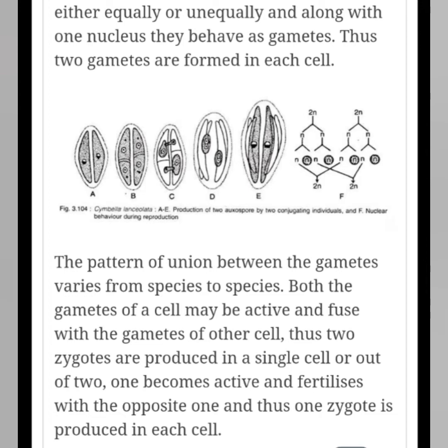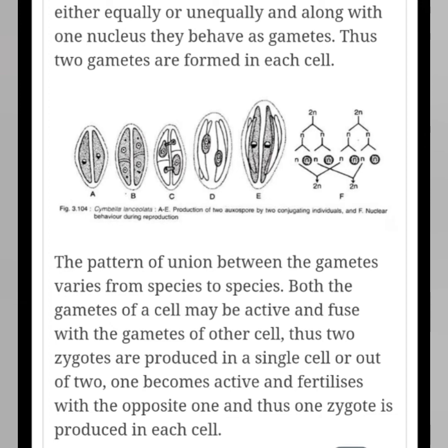Now, in figure D, after these gametes fuse together and a zygote is formed, take a look at figure E. The zygote will start to elongate, and it will function as the auxospore. So you can see that two auxospores are formed. Now you understand why two auxospores.